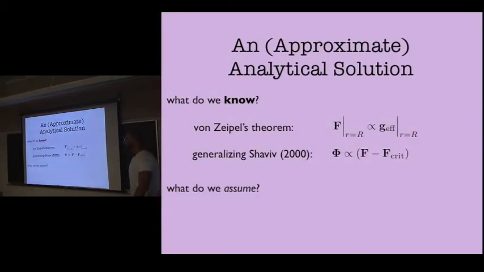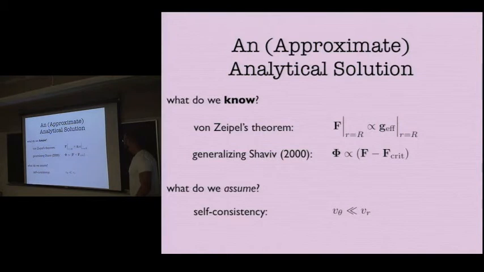So what is the effective gravity? By effective gravity, I mean the combined force of the centrifugal force of rotation and the simple gravity, not taking into account, of course, the radiative force. And what do we assume? Well, we assume that the latitudinal velocity is negligible in comparison to the radial velocity.